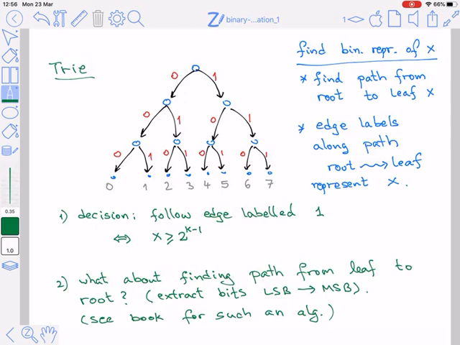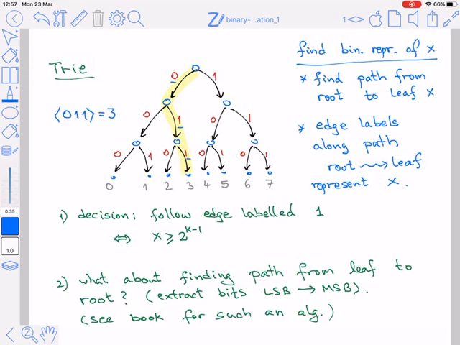Namely, if I look at a path from the root to a leaf, for example, the path from the root to 3, the labels along this path are 0, 1, 1. This is the 0, this is the 1, this is the 1. Now, the number that is represented by 0, 1, 1 equals 3, which is the label here on the leaf.